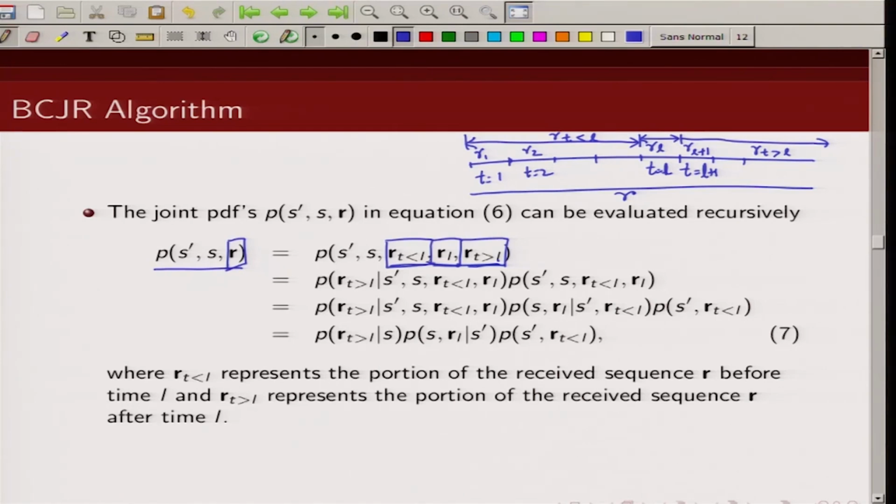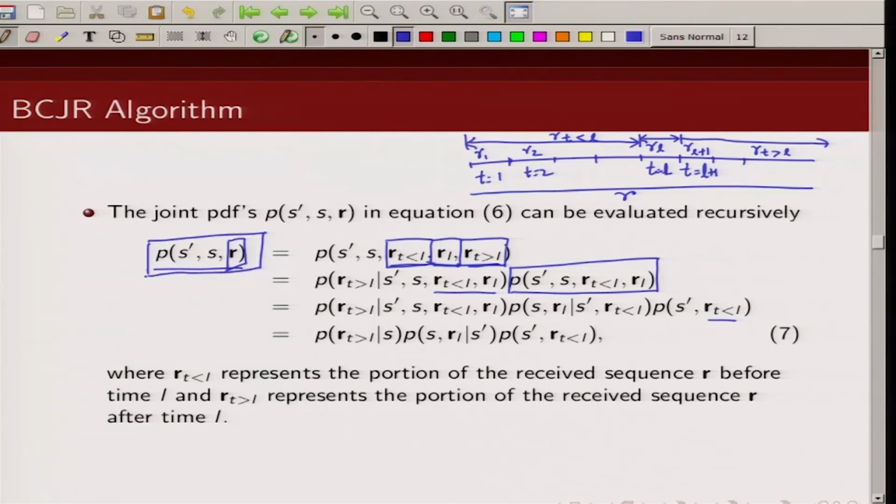Now, using Bayes rule, I can write this probability as probability of R at time greater than L given S prime and S and R at t less than L and R L, times probability of S prime, S, and R at t less than L and R L. Now, subsequently, I can further simplify this, again applying Bayes rule, and I can write this as probability of S and R L given S prime and R t less than L, into probability of S prime and R t less than L. So, note now this term that I had here.